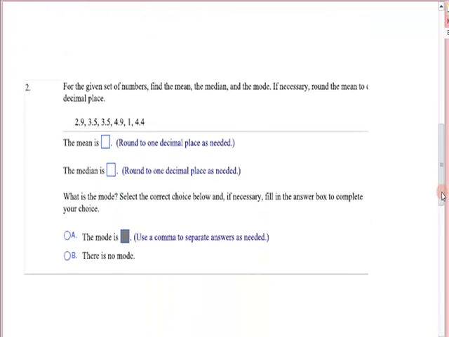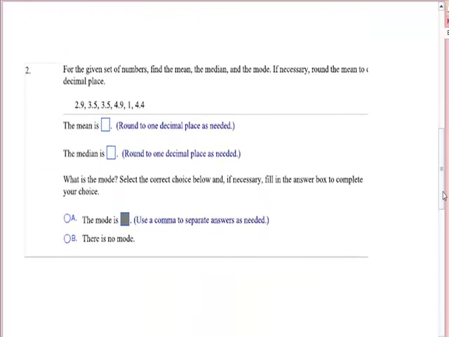Let's do the same thing for a different set of numbers. These numbers happen to be decimals. So for the mean, I need 2.9 plus 3.5 plus 3.5 plus 4.9 plus 1 plus 4.4. Let me see if I got them: 1, 2, 3, 4, 5, 6.